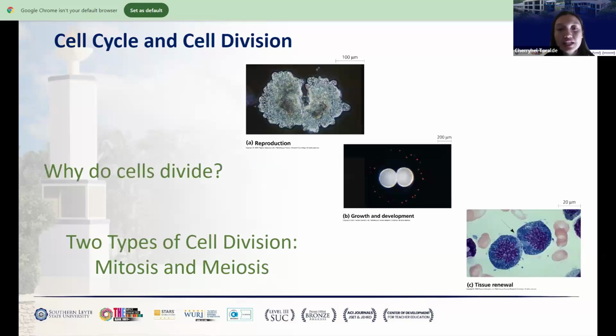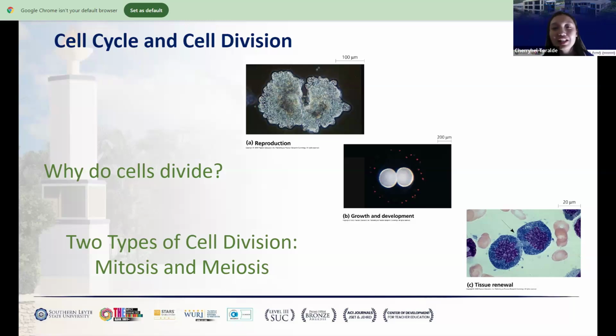In a sense, for example, in reproduction, your zygote needs to divide a lot of times, di ba? Para maka-form ka ng embryo and then fetus and then eventually infant.